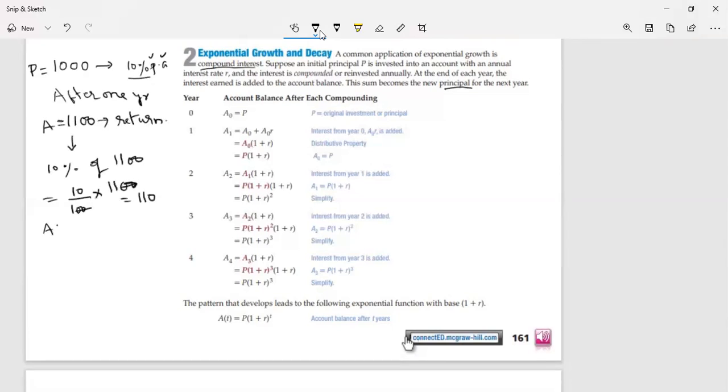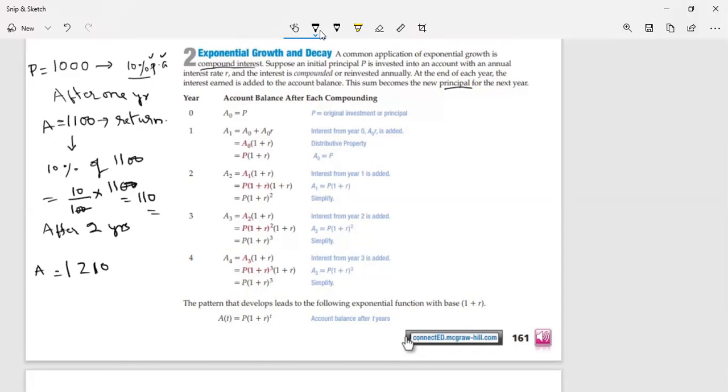So if you are returning it after 2 years, you have to pay 1,210, because the first year 100 was the interest, the second year it will be 110. 1,210 amount.